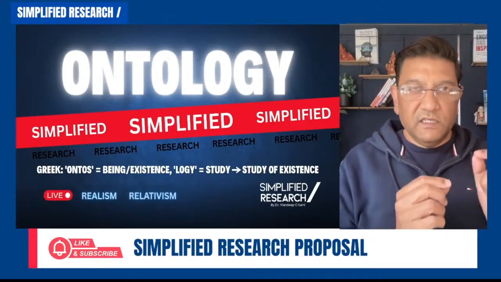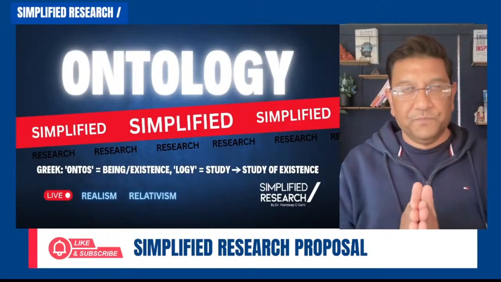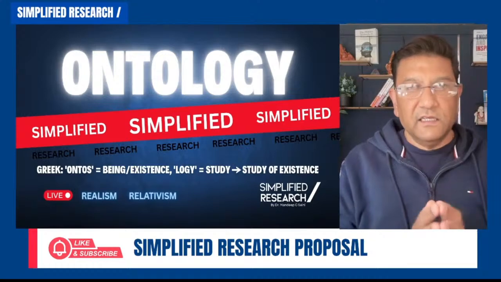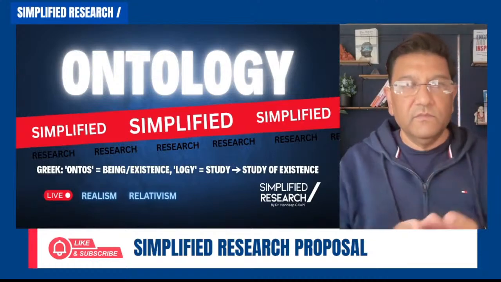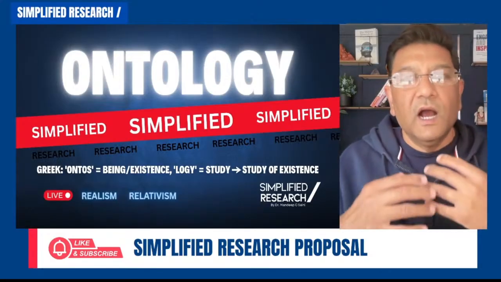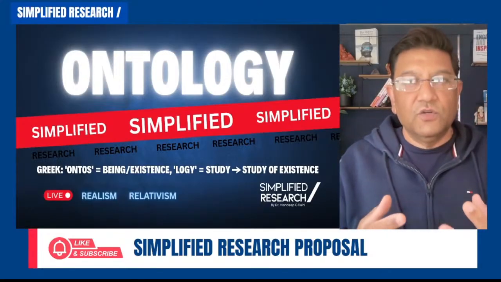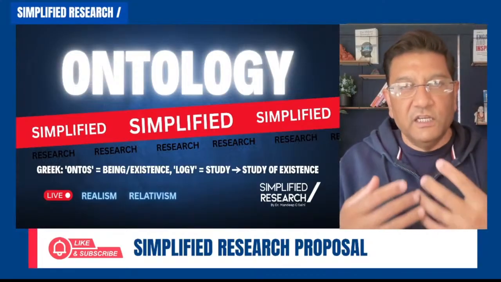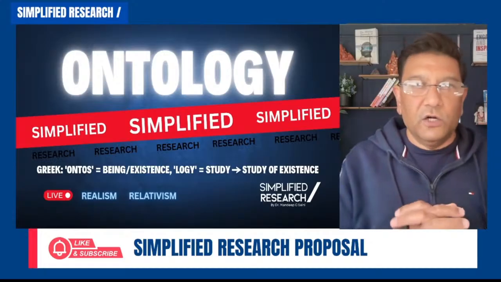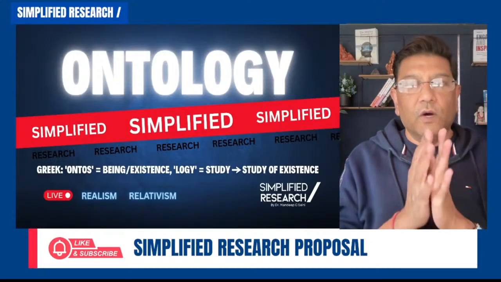So this is ontology, the first branch of philosophy, and philosophy is the love for wisdom, love to seek wisdom. You want to seek wisdom, you want to achieve knowledge, you want to find knowledge. Ontology is the first branch to understand.